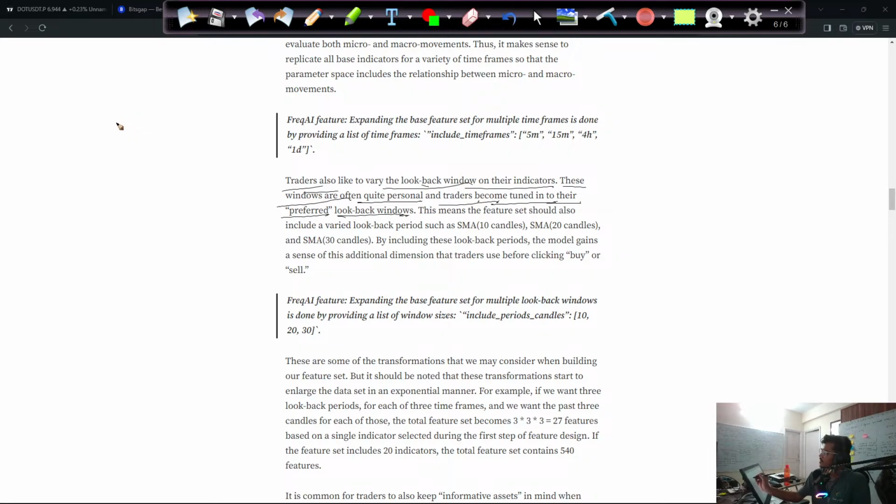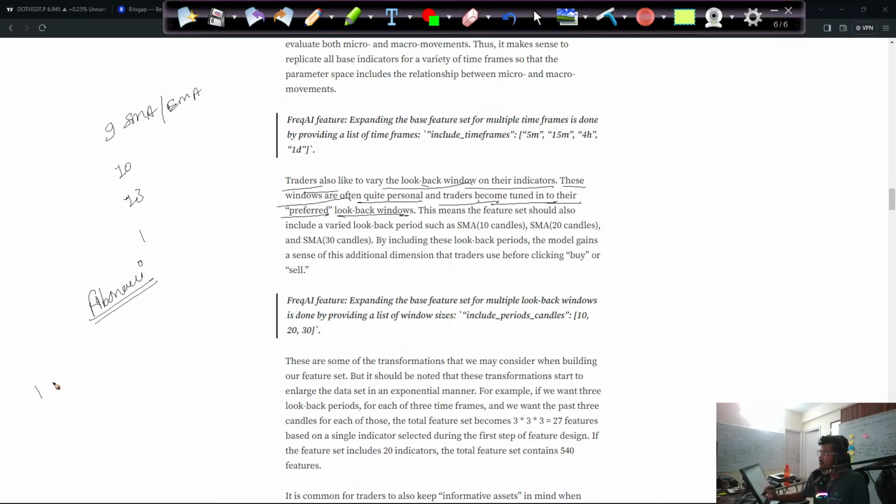Some use a 9 SMA or EMA, or 10, 13. For Fibonacci trading, they follow the sequence.